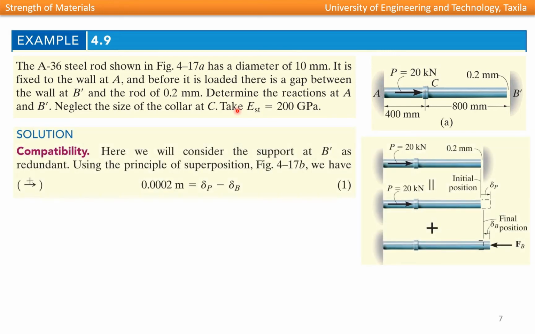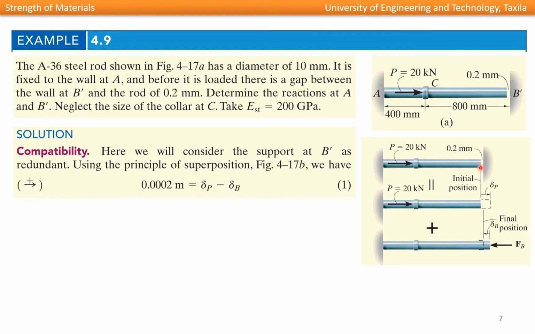So first we will write the compatibility equation. Here we will consider the support at B prime as the redundant. Using the principle of superposition, we have the compatibility equation. Here we can see that we initially have a gap of 0.2 mm. When it is subjected to the external force of 20 kN, this force tries to elongate this bar.